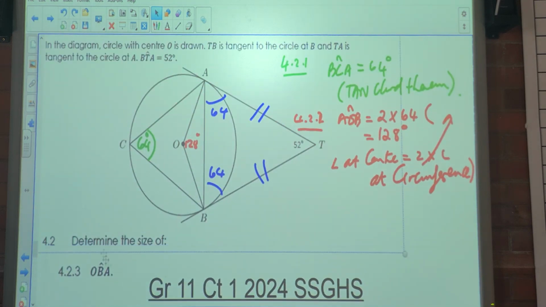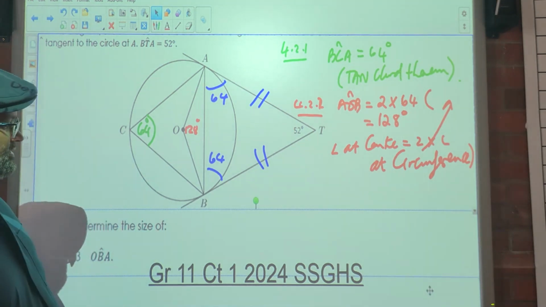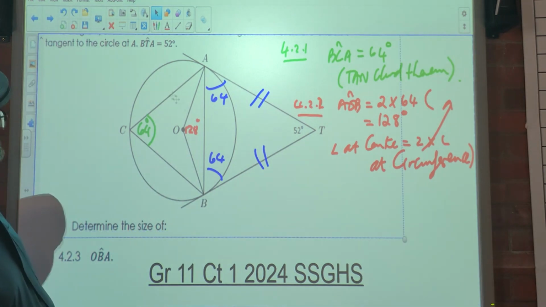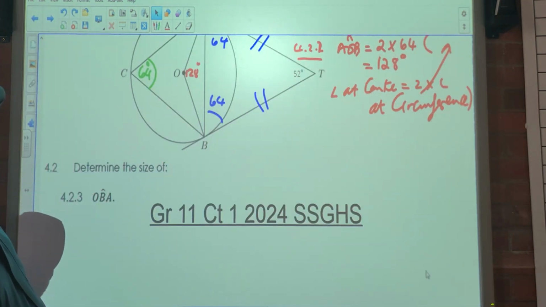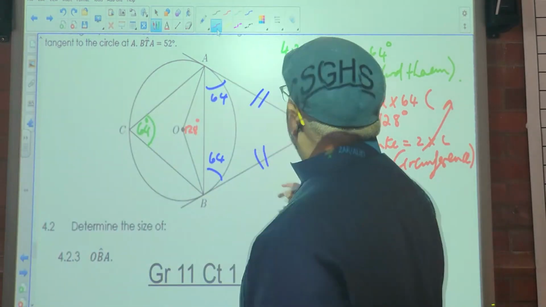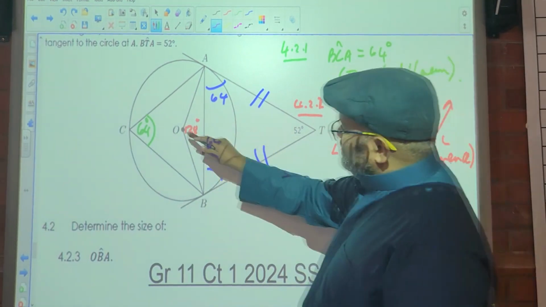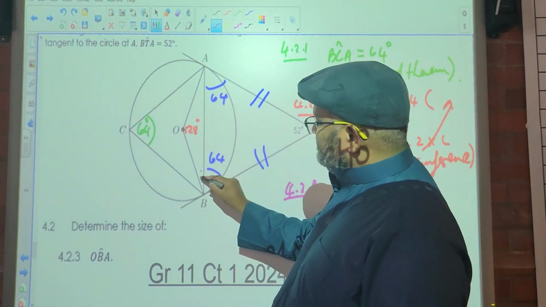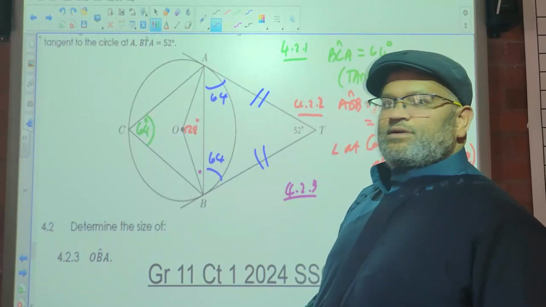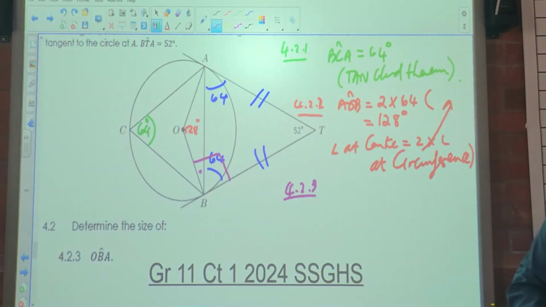People, the next one. Determine the size of angle OBA. That is 4.2.3. OBA, which is this angle here. We know that that angle stands at 90 degrees with the radius, the tangent and the radius.